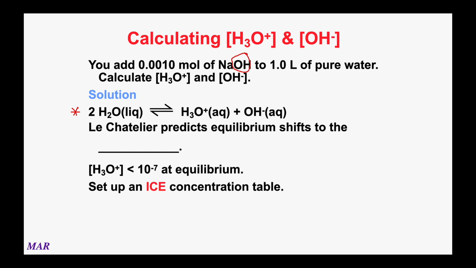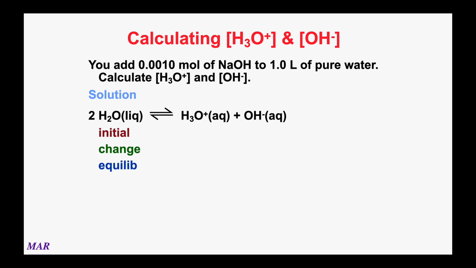So what we can do here is set up another ICE table. ICE again stands for initial, change, and equilibrium. We don't need the water because liquids and solids are exempt from equilibria, but of course we do need hydronium and hydroxide. So the way I would do this is to think about the hydroxide as initially we've got 0.0010 moles per liter going in, and the hydronium initially is 0.